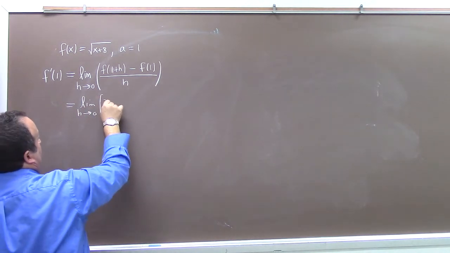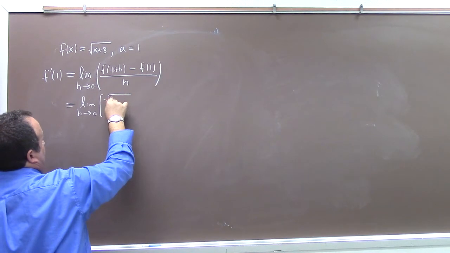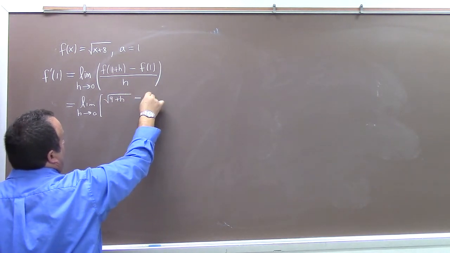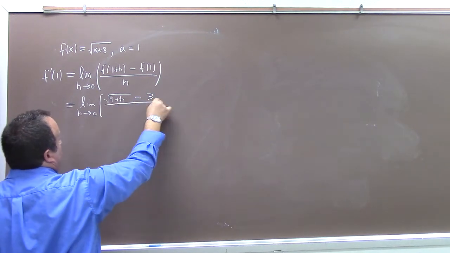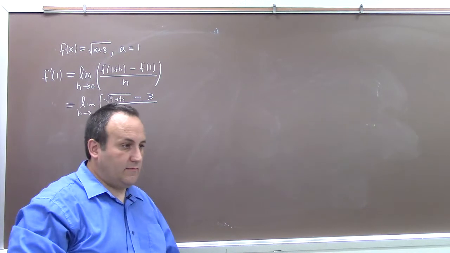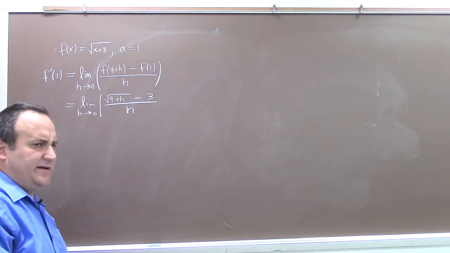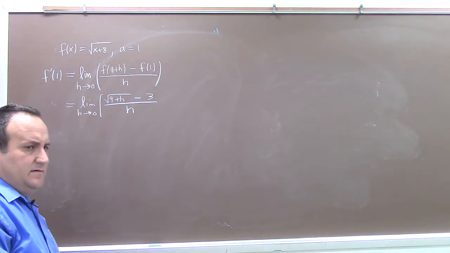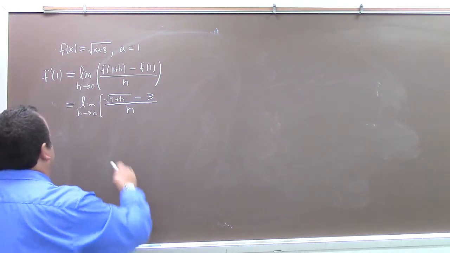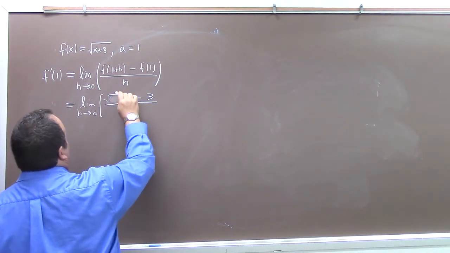So that's the square root of 9 plus h minus the square root of 9, which is 3, right? I made a couple steps there in my brain. Did you guys follow me? Do you want me to write it? Let me write it out. Yeah. Write it out. Sorry.